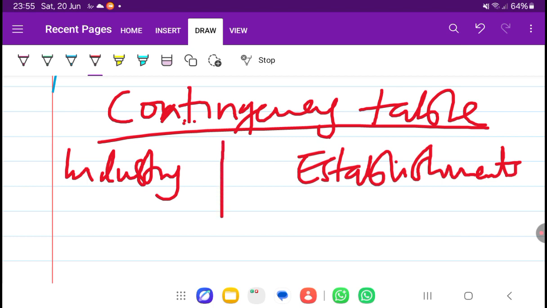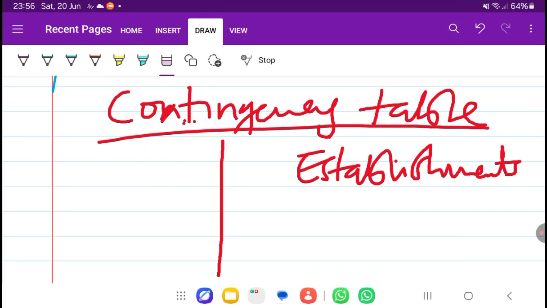We find that this data is going to be divided. Maybe you can put the industry down here. Industry.